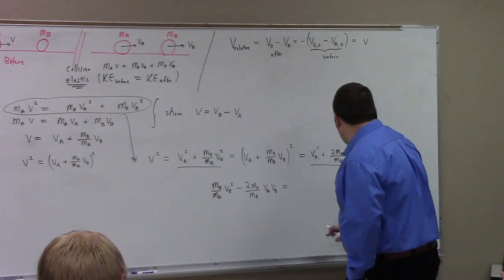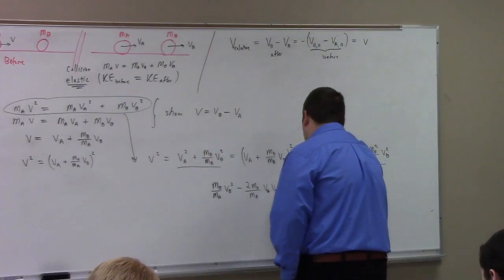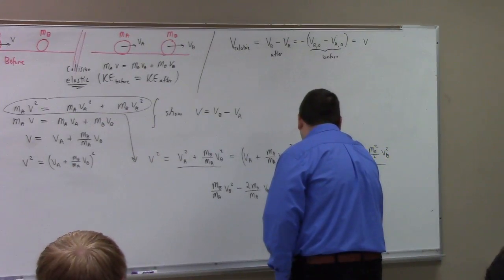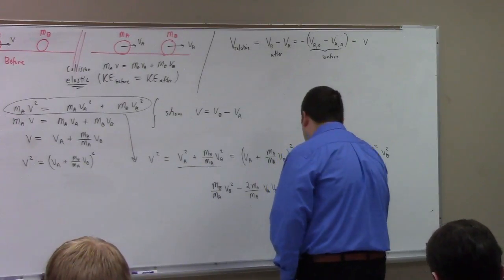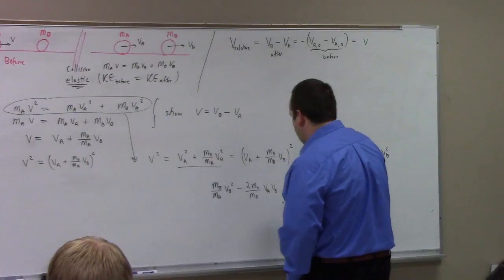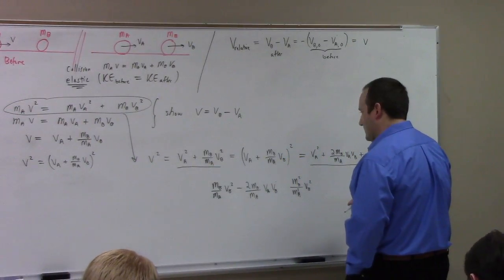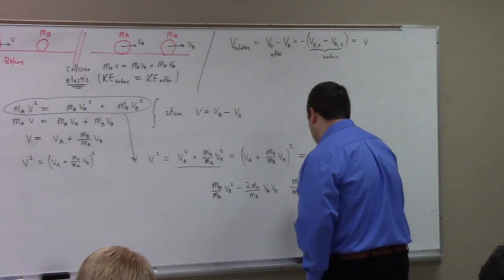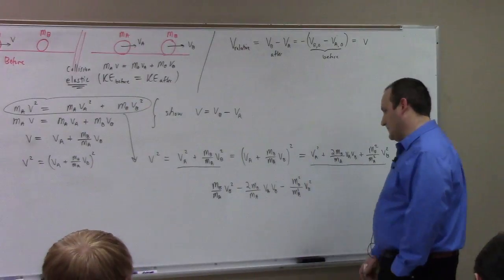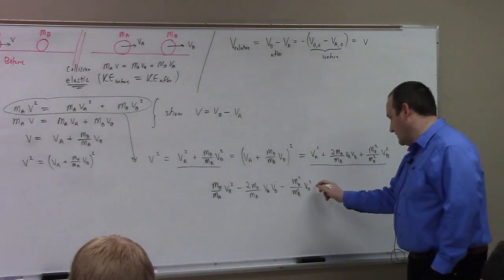Oh, I'm sorry, I've still got that, plus MB over MA, MB squared over MA squared VB squared, right? Well, we have VB, this is equal to 0.